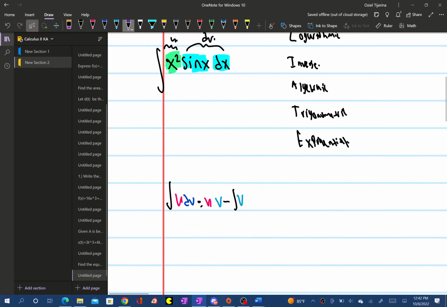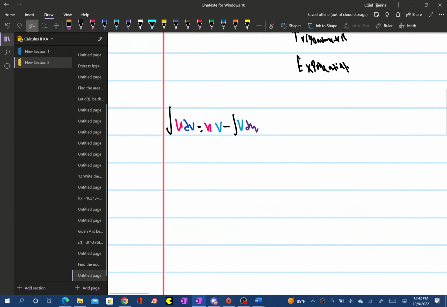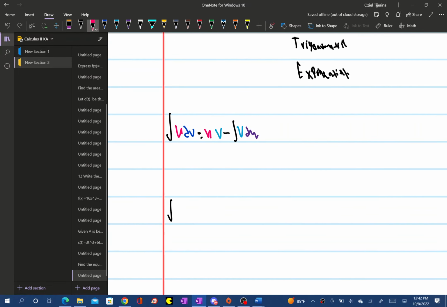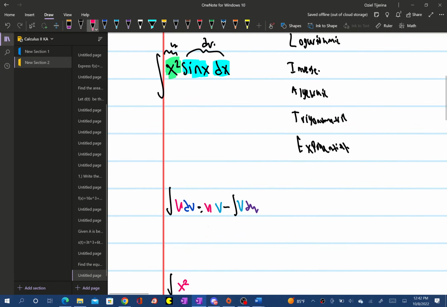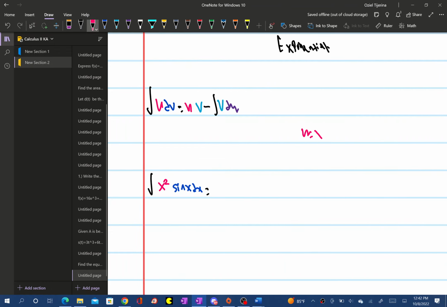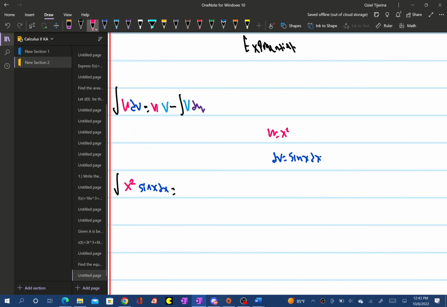So the integral of x squared sine x dx, where u is equal to x squared and dv is sine x dx.